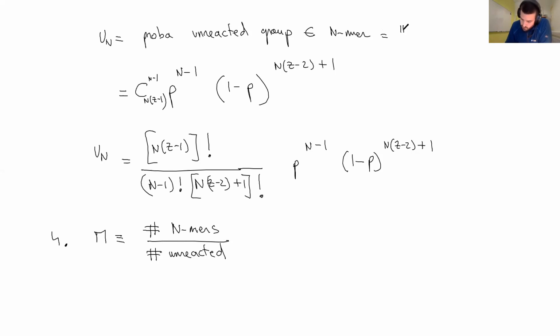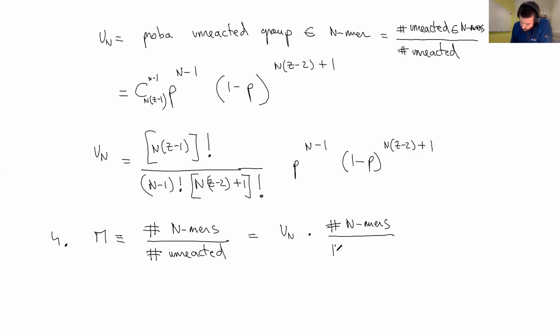So it's the number of unreacted groups belonging to n-mers among the total number of unreacted groups in the system, since it's a probability. So you see, there is the same denominator between the two. So in fact, I can recast M as UN, but by multiplying by the proper denominator and making sure that I remove the denominator in UN that was not the good one.